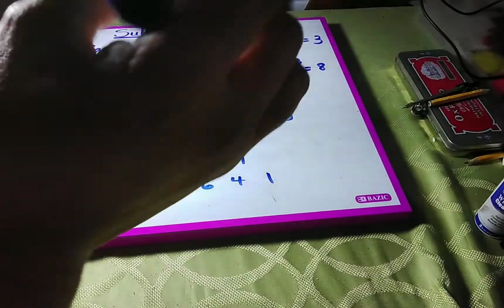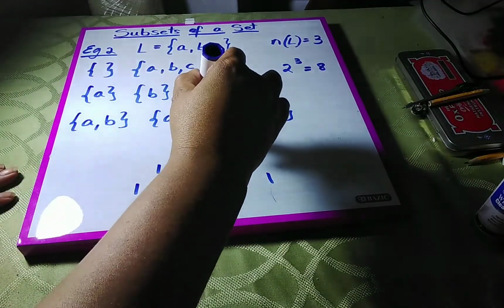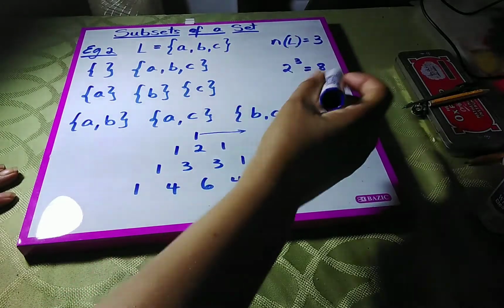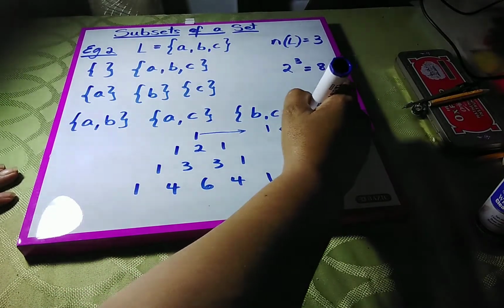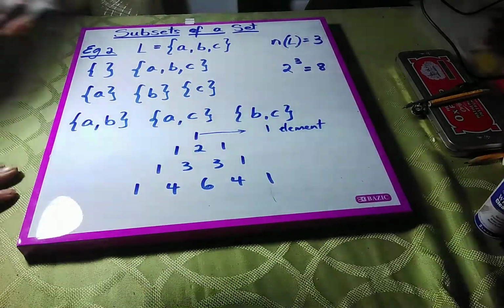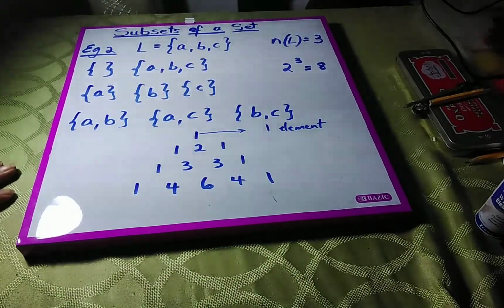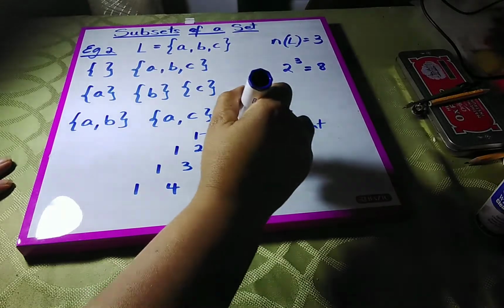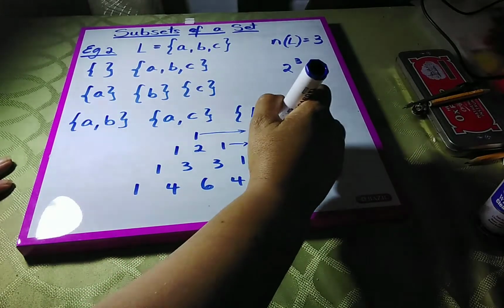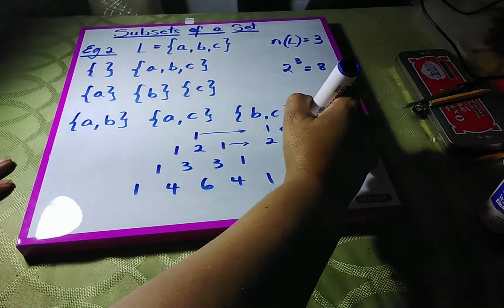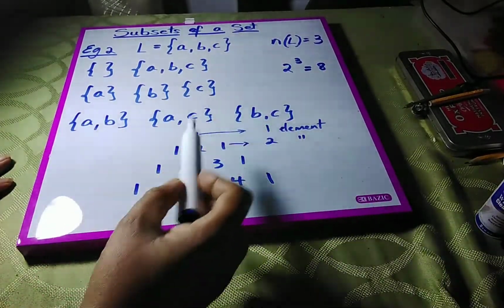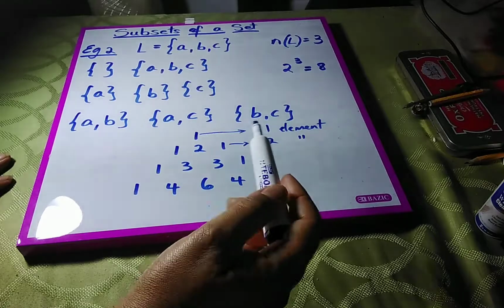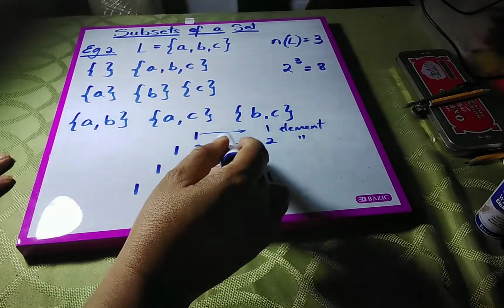This is when the subset has one element. This is when the subset has two elements. When it had two elements before, we counted 4, which is 1, 2, 3, 4.